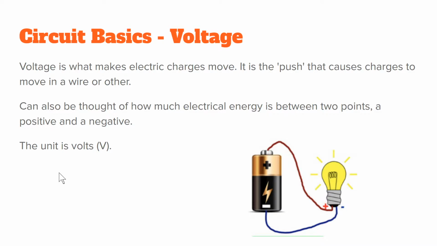The first thing we're going to talk about is circuit basics. How many of you have heard of voltage before? At least familiar, you know what voltage is. Okay, that's good. Voltage is what makes electric charges move. It is the push that causes charges to move in a wire or other kind of medium. It can also be thought of as how much electrical energy is between 2 points, like a positive and a negative, as you see in this battery.